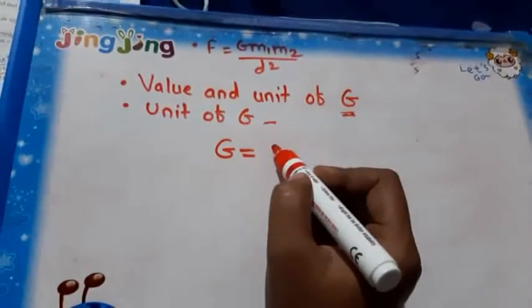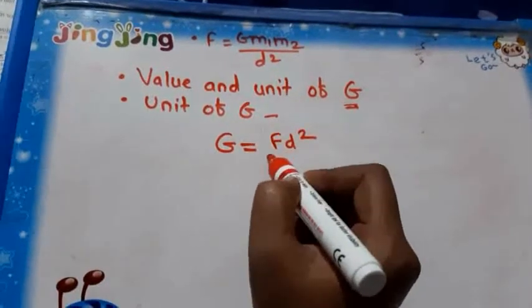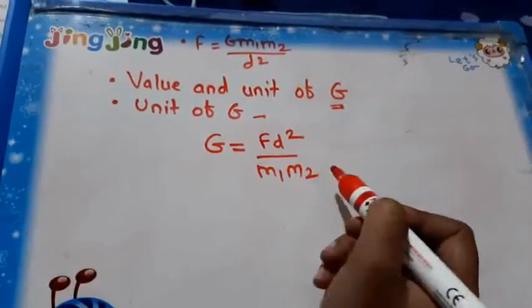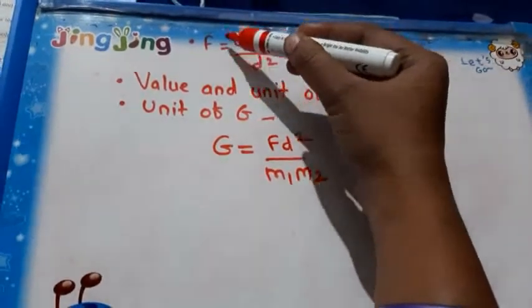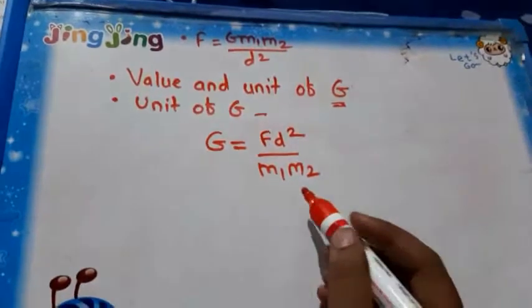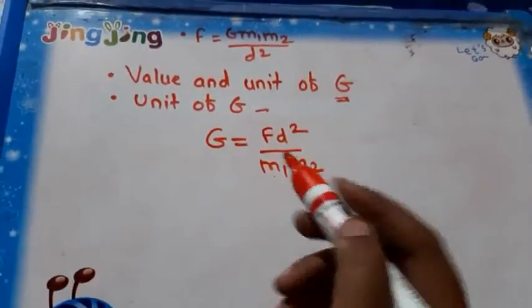So the formula will be F d square upon m1 m2. That is, on one side we have kept G, and all the terms we have shifted to the opposite side. So G is equal to F d square divided by m1 m2.